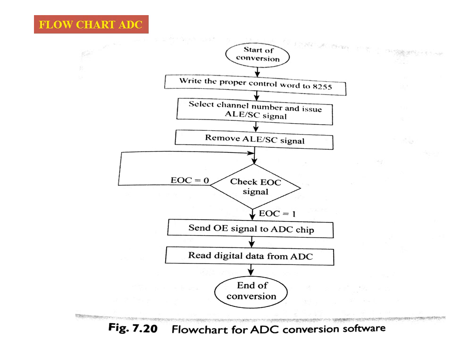The meaning of it is, yes, the conversion is completed. I should be ready to give data to the 8255 interface unit, that is the output enable. Then once the output enable signal is given, the 8255 interface unit will start reading the data. Then finally the end of the conversion.